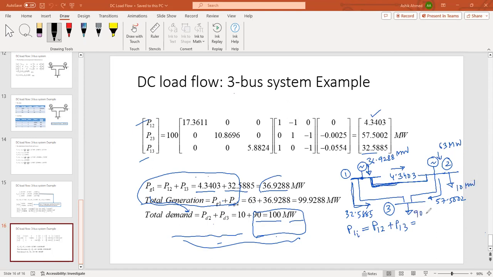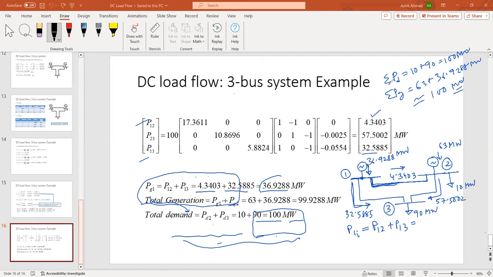And demand over here was 90 megawatt. So the total demand, P demand summation, is 10 plus 90, which is 100. And total generation is 63 plus 36.9288, which is approximately equal to 100 megawatt.